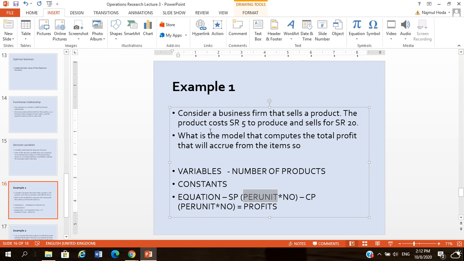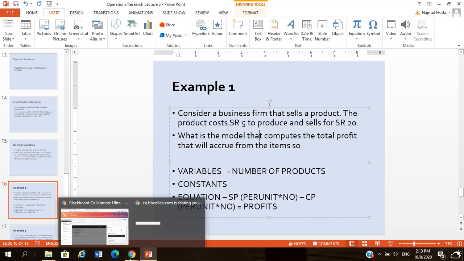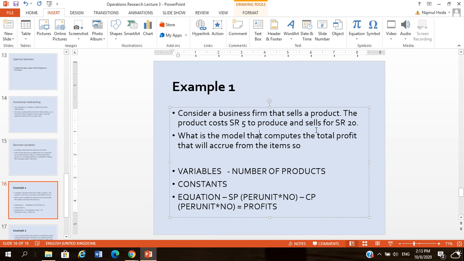And what can we change? We can change the number of products. How many can we produce? We can produce 100, 200, 300. Is there any limit on production in this problem? That is what I want to know from you. Look at this problem very carefully and tell me, is there any limit on production?